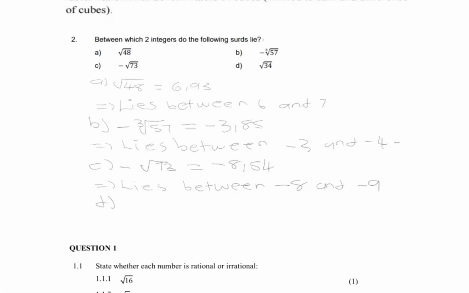So the last question, we have question letter D. You are given the square root of 34. The square root of 34 in decimal form is 5,83. 5,83 falls between 5 and 6. 5 and 6 are the two consecutive integers between which 5,83 lies or falls.